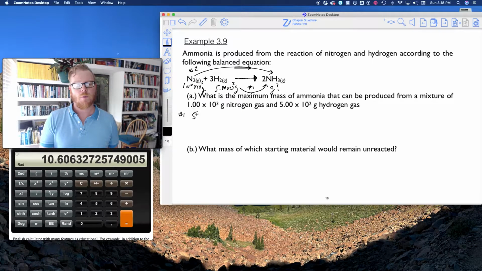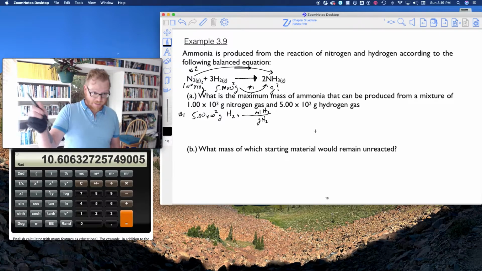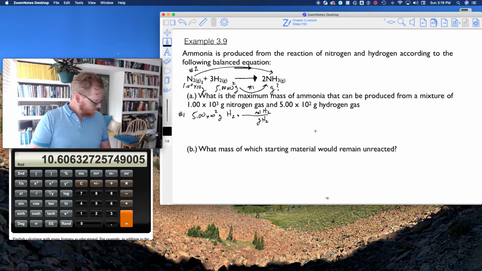Okay, so I can say 5.00 times 10 to the 2 grams of H2. And grams of H2, I need to convert that into moles of H2 because mole is how I compare things in a chemical reaction. And let's see here.